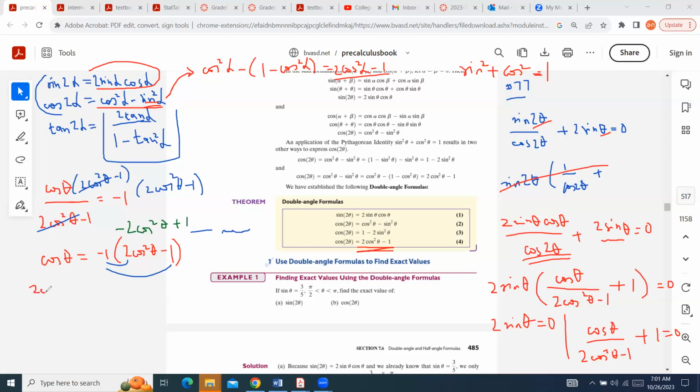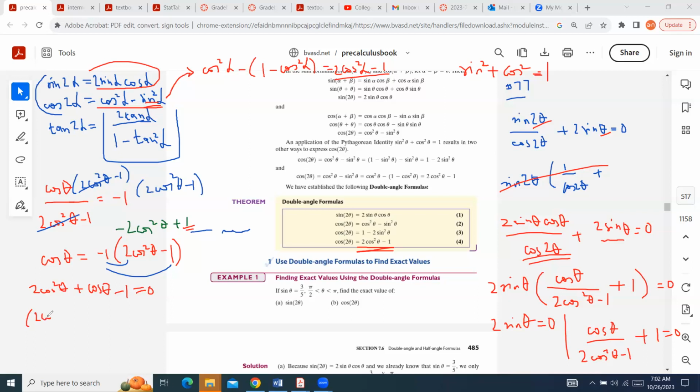So it'll be 2 cosine squared and the cosine by itself, right? And also +1 goes as a -1 to the other side. You see, it's really heavy algebraic simplifications in this section. But that's good. So now we solve this as if we had a quadratic.